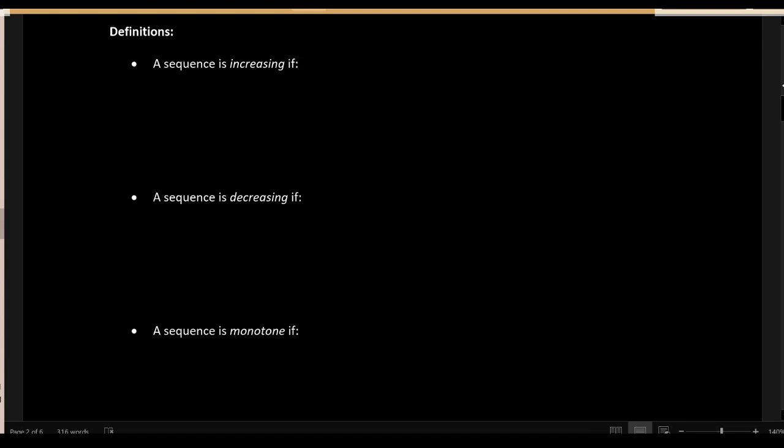The first word that I want to describe is the word increasing. A sequence is increasing if the terms increase in value as you move through the sequence.